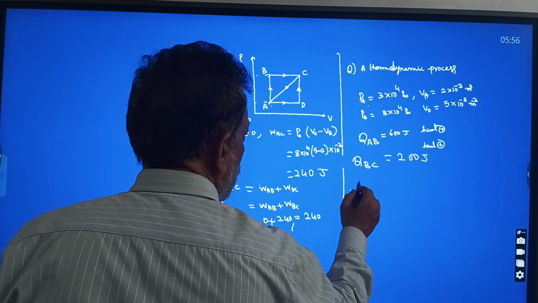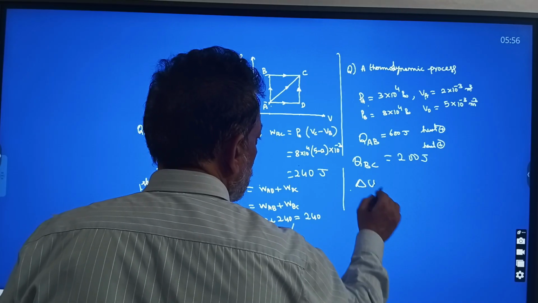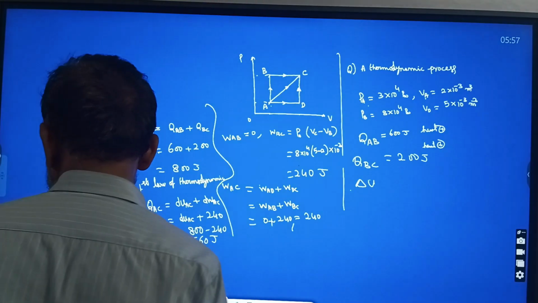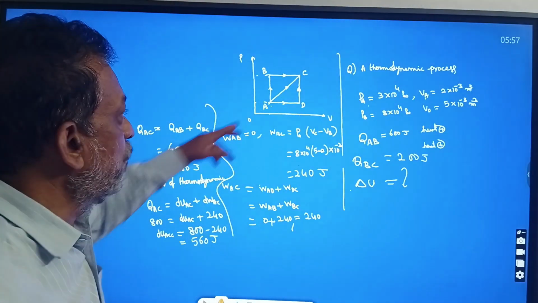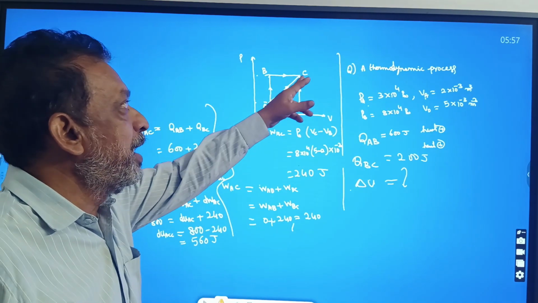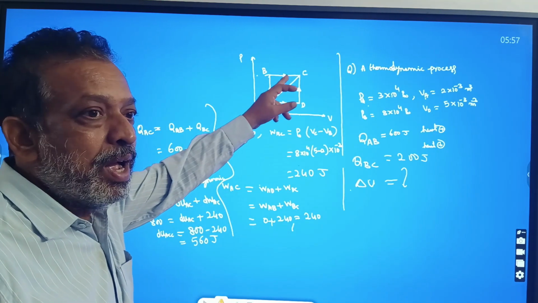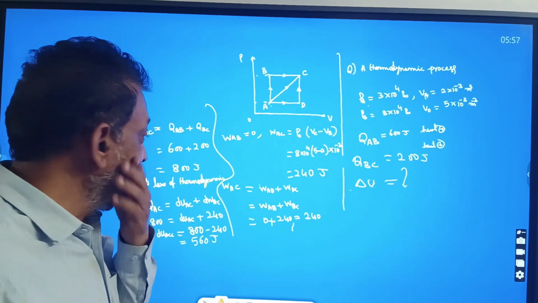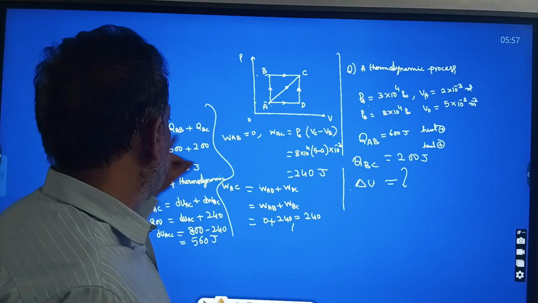Now they're asking for the change in internal energy of the system in process AC. The AC process we can go through AB and BC. It looks like a rectangle.